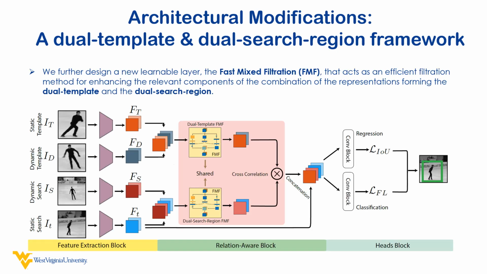However, to guarantee these relevant components are amplified, we introduce a new learnable layer, fast mixed filtration. It acts as an efficient filtration method for enhancing relevant components of the combination of the representations forming the dual template and the dual search region. We only utilize one FMF layer that is shared by both templates and search.